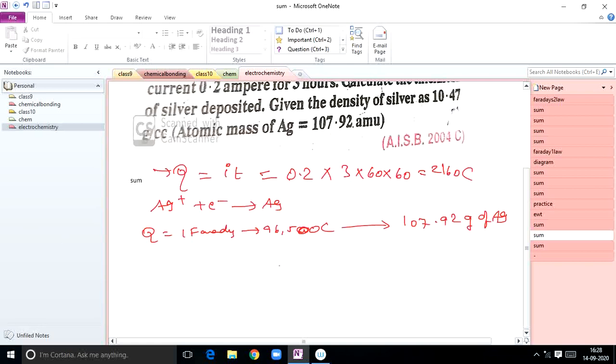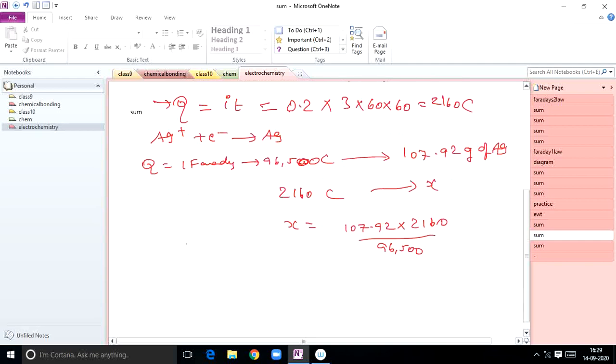Now, for 2160 coulombs, how much? X. So X is 107.92 into 2160 by 96,500. Finally we get the X value, 2.4156 grams of silver.